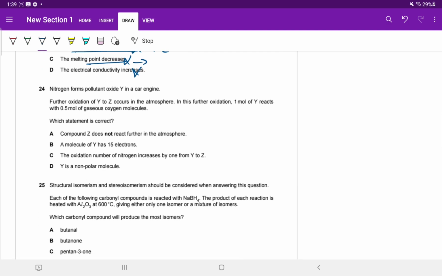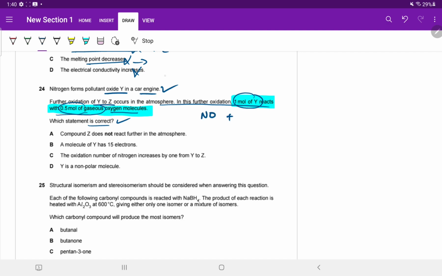Okay, next question, question number 24. It says nitrogen forms pollutant oxide Y in car engine. Further oxidation of Y to Z occurs in the atmosphere. In the further oxidation, 1 mole of Y reacts with 0.5 moles of gaseous oxygen molecules. Which statement is correct? So we know NO is produced in the car engines.